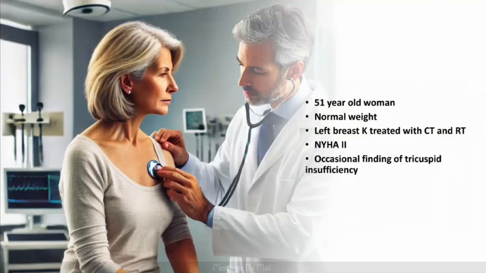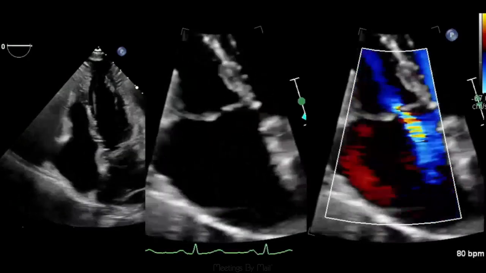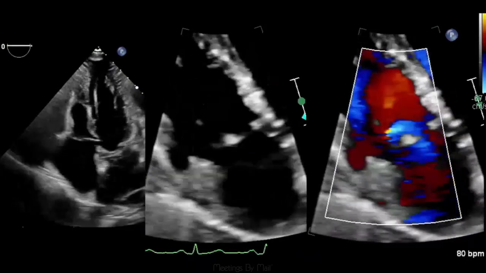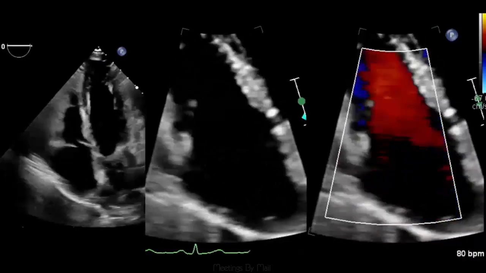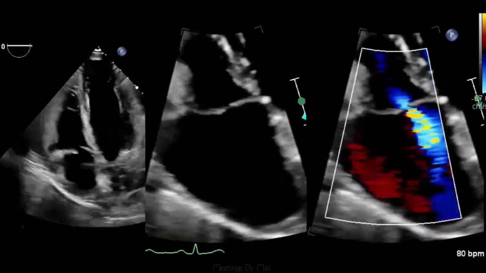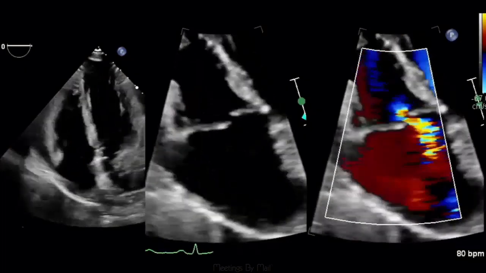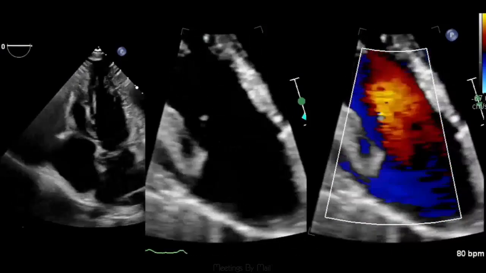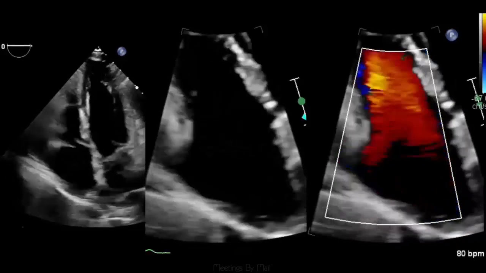So let's see a typical vignette of a patient: a 51-year-old man or woman comes to the hospital with an occasional finding of tricuspid insufficiency. This is the image. You can see, first of all, two ventricles are moving. I'm not sophisticated. I don't have speckle tracking here, so I don't know anything. But they move well. And I'm a surgeon, sorry, the cortex is very short.